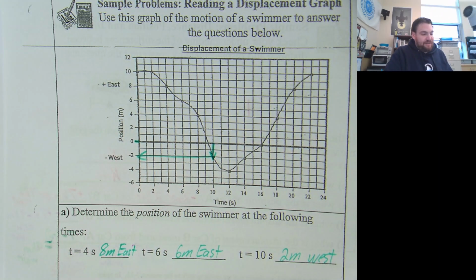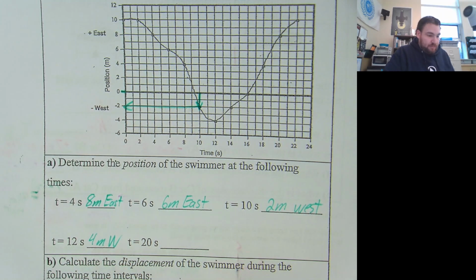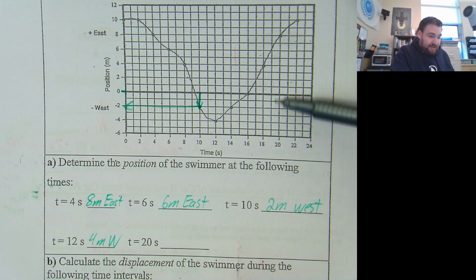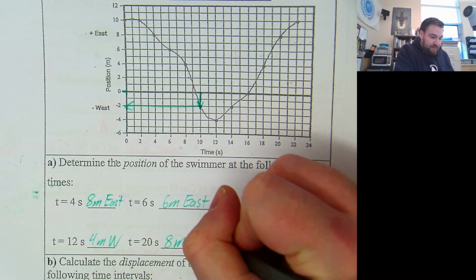I'm going to stop writing west. I'm just going to write W. And then at 20 seconds, our swimmer is back where? 20 seconds is 8 east. So 8 meters E.